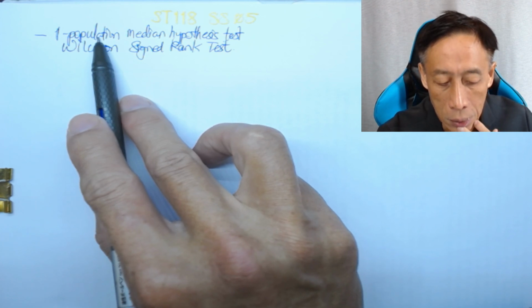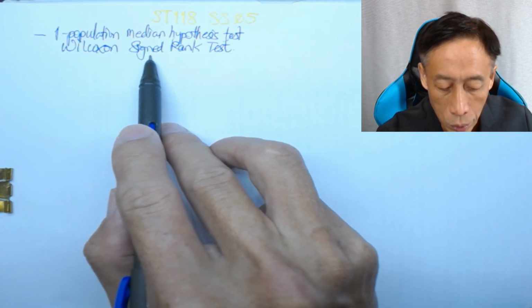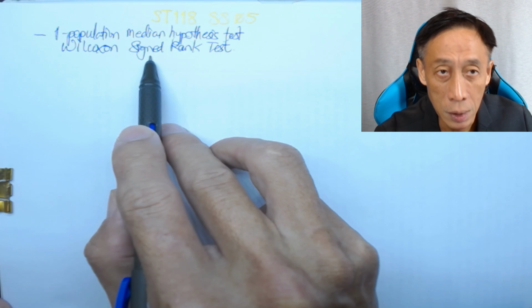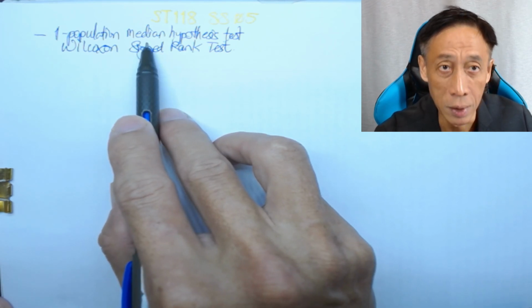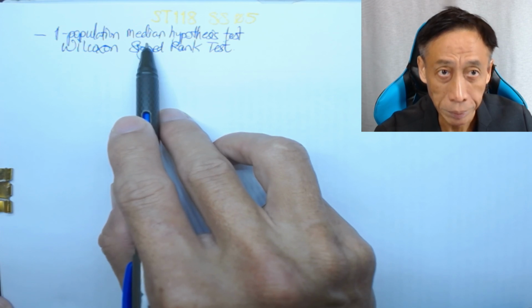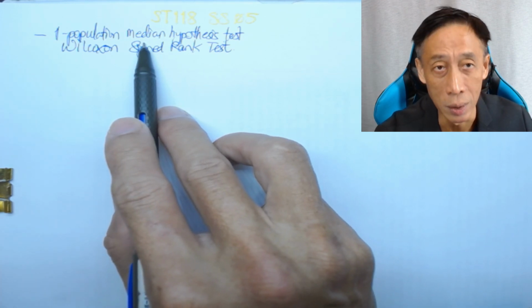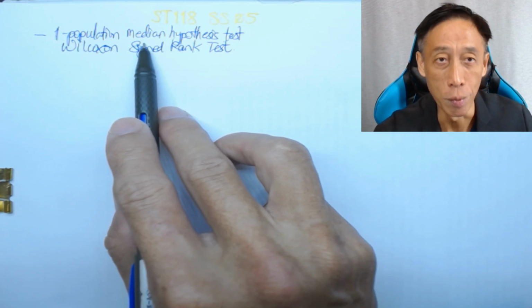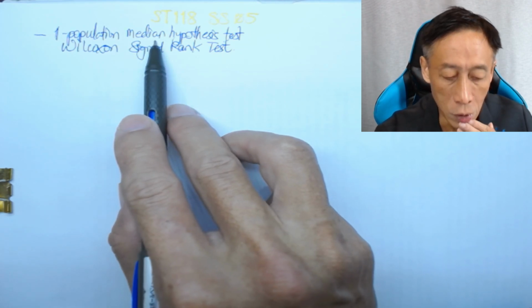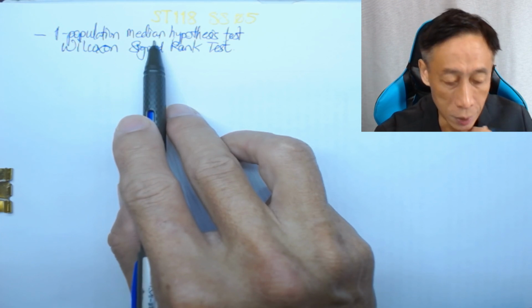And we are going to use Wilcoxon signed rank test to test on the median rather than the mean. Okay, so we are still trying to test for the center of gravity, right? The one descriptive that summarizes all the population measurements. So we will use the median as the point of test.